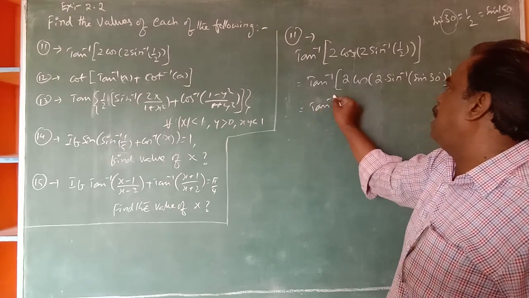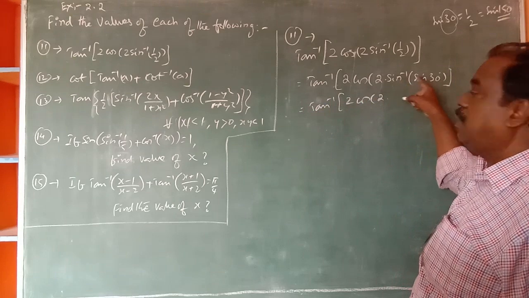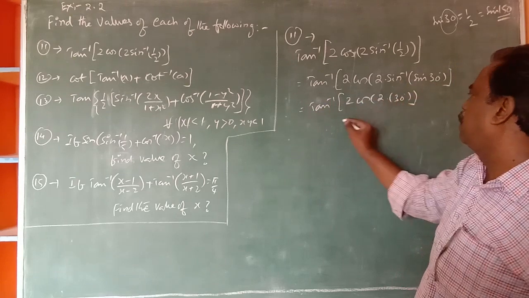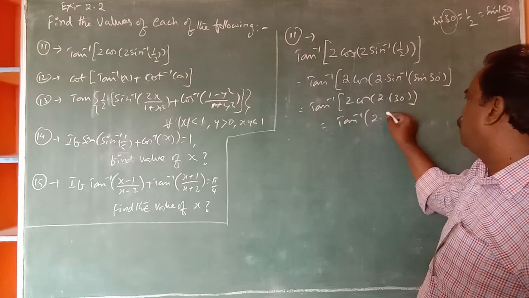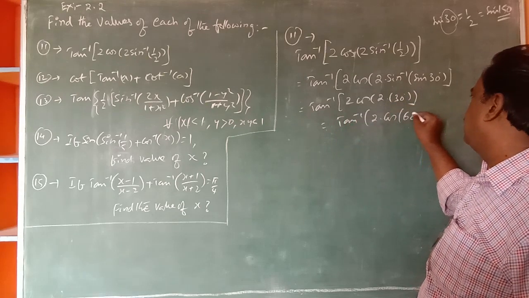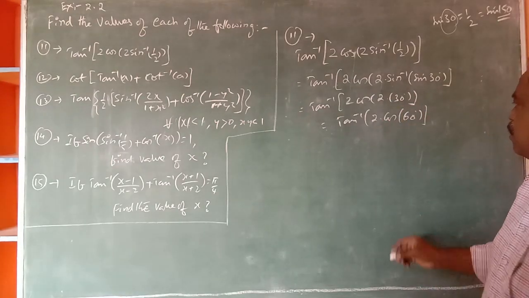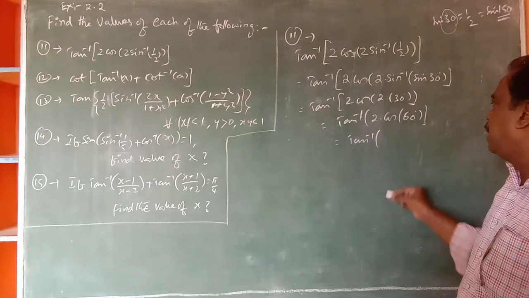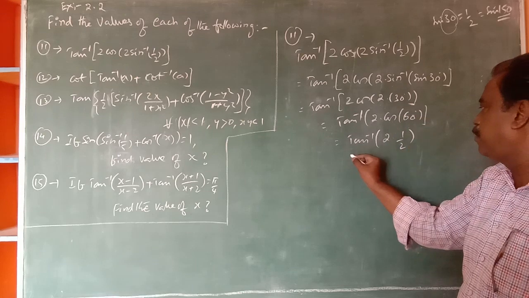It is tan inverse 2 cos 2 into sin inverse, sin cancels, we get 30 degrees. It is tan inverse 2 into cos 60 degrees, 2 into 30, 60 degrees. So it is tan inverse 2 into cos 60, which is 1 by 2.